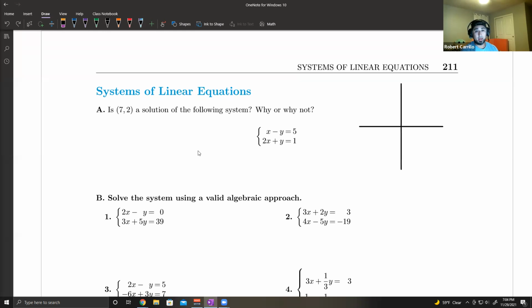If we have a graph and we are given two lines, two linear functions, let's say I have this one and the other one going this way.